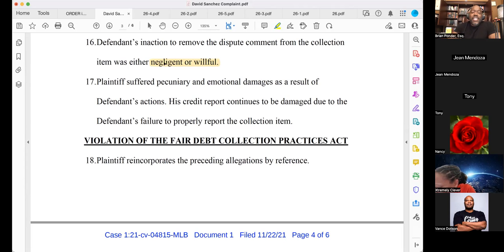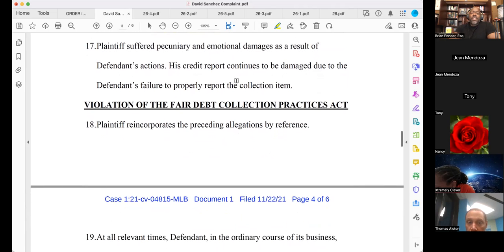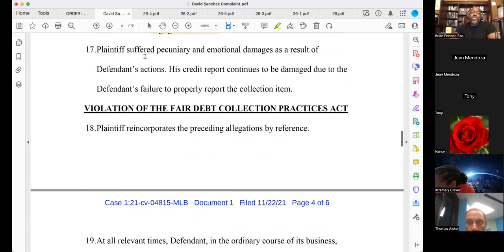So if you're going to say it's either negligent or willful, then if I were defending this, I would say yeah, it was negligent, and so it will support an unintentional defense, right? So anyway, this is really tough to get through this complaint because of these little errors or issues.